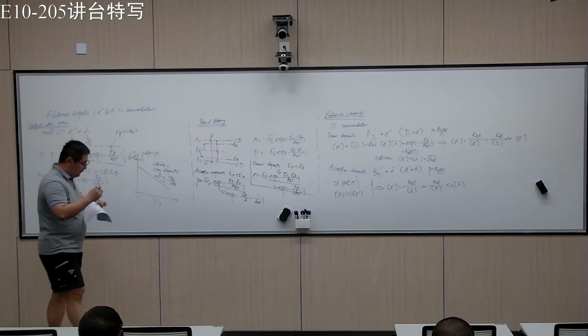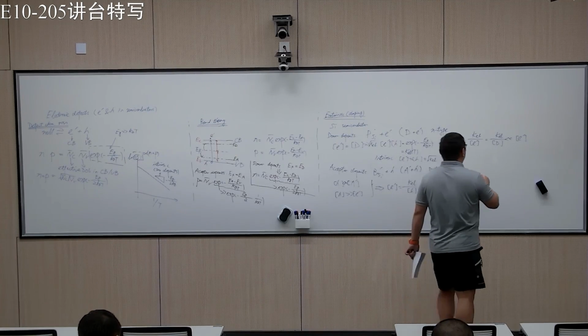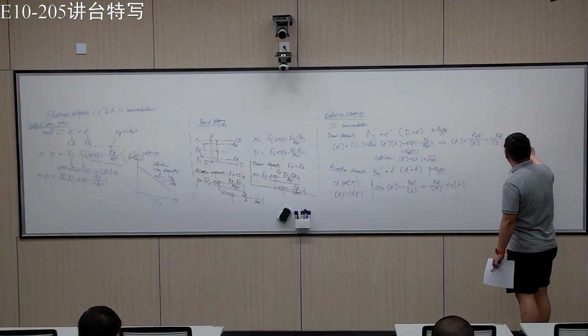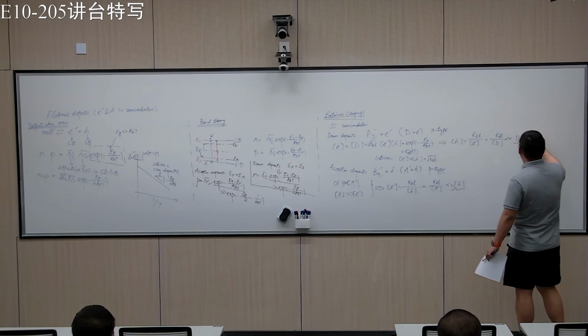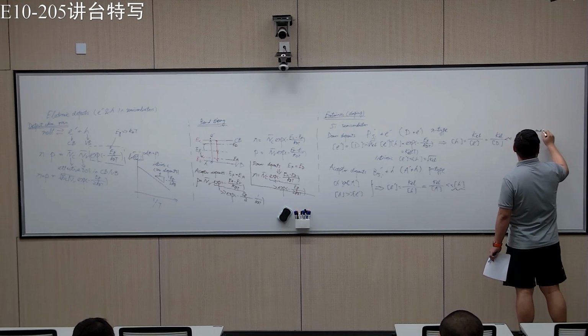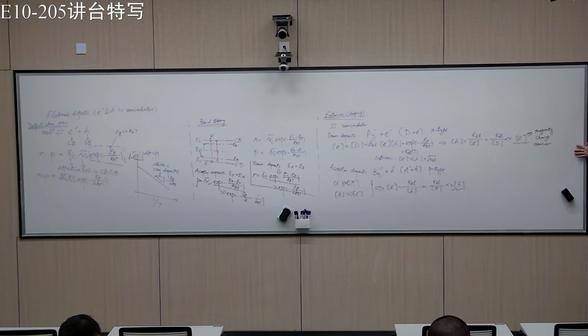Of course, if we think about the so-called, again, this thing and this thing here, now they are called the majority charge carrier, because there are many of them if you dope the system, right?